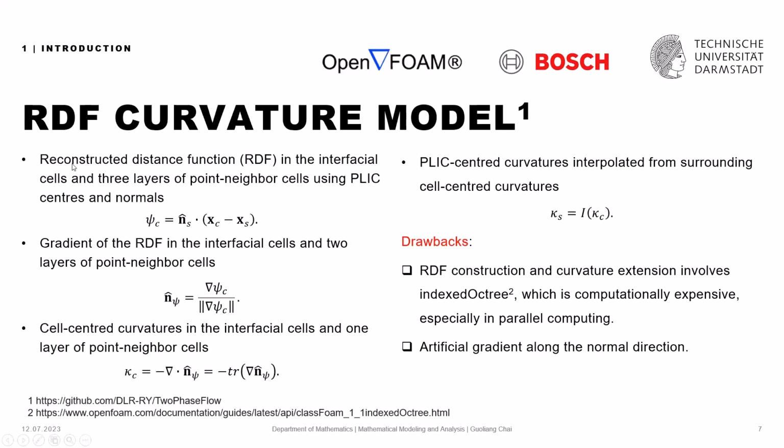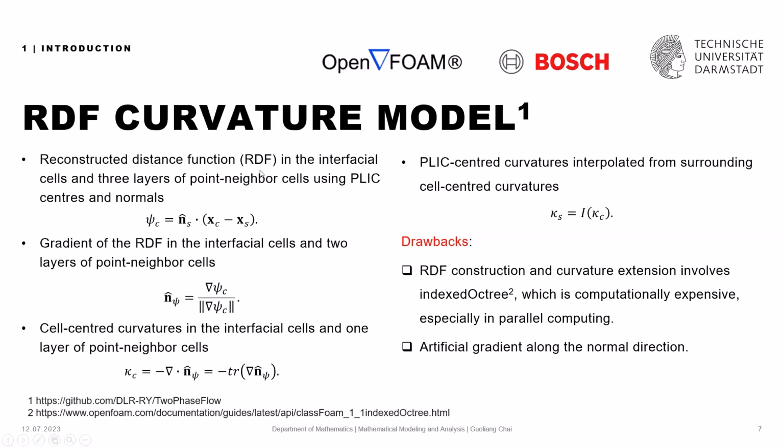First, it computes the reconstructed distance function, called RDF, in interfacial cells, which are the cells containing the interface, where their alpha value is between 0 and 1. It computes RDF in interfacial cells and three layers of point neighbor cells, using PLIC to reconstruct the interface inside the interfacial cells.